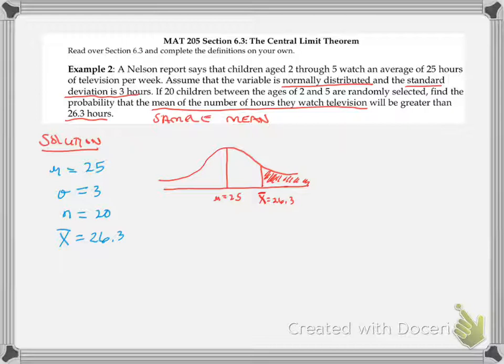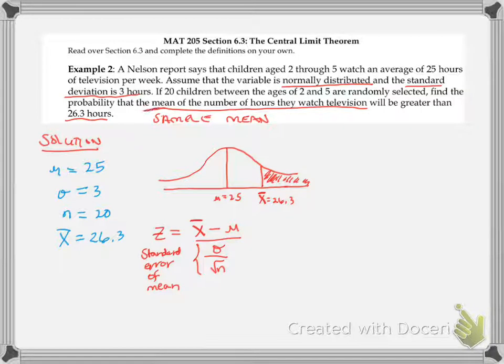Now for the Z, we have to be careful because since we're talking about sample means, our Z score will be X bar minus mu over sigma over the square root of n. This is how we use the central limit theorem, and remember that's our standard error of the mean.